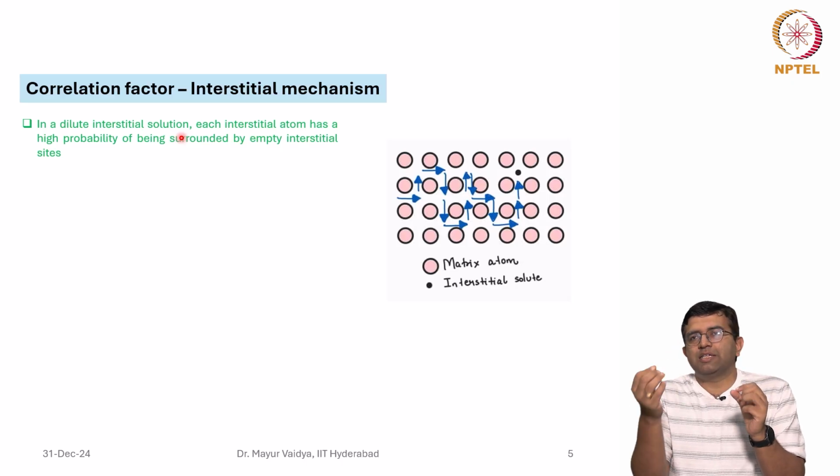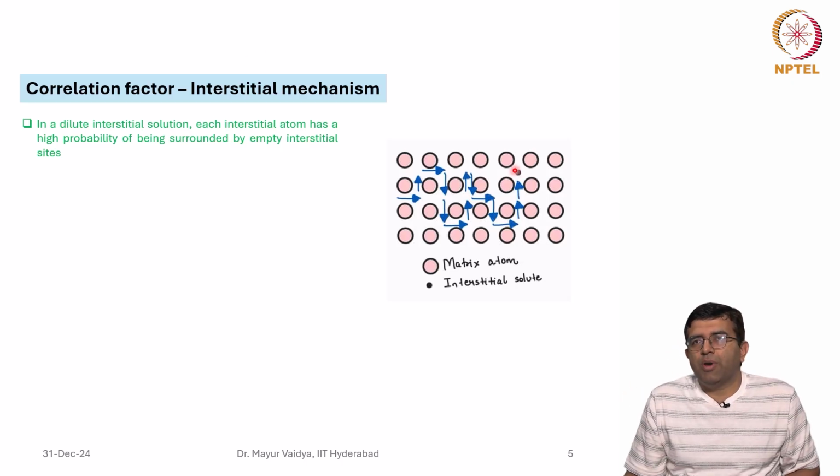And now let's say an interstitial solute occupies this position. Everywhere around, if it's a dilute interstitial solution, then it has a high probability of being surrounded by empty interstitial sites. So it can jump here, here, here, here. So even if it makes a jump here, again it will find several interstitial sites around itself for the jump to occur.